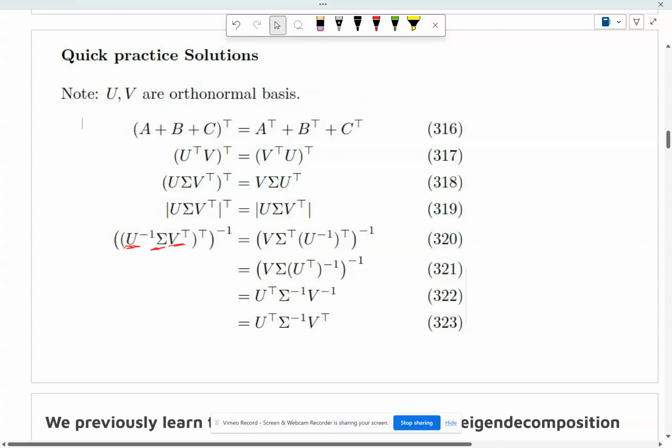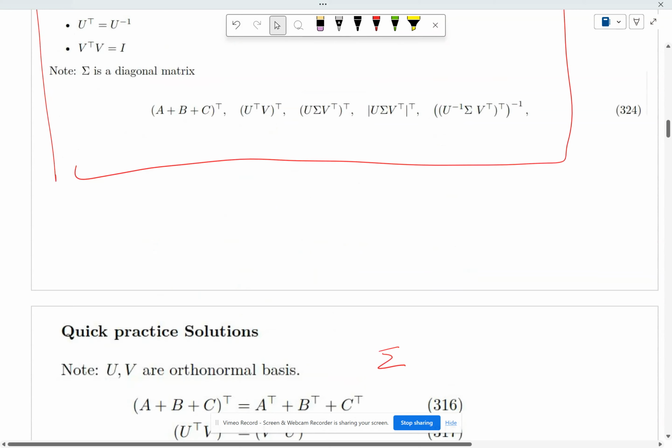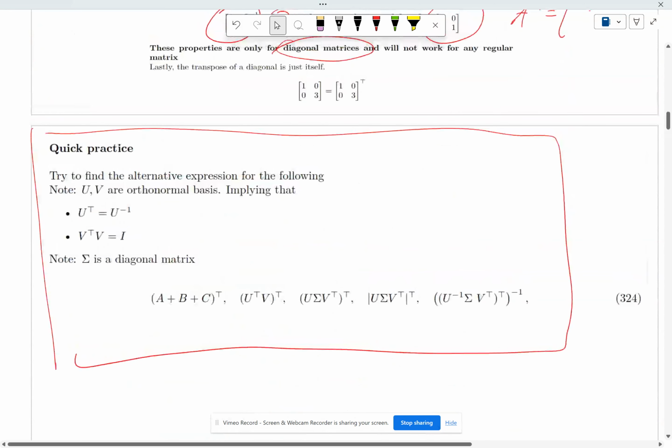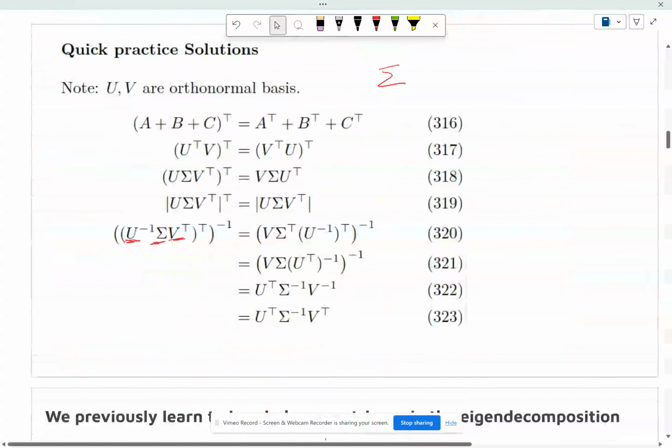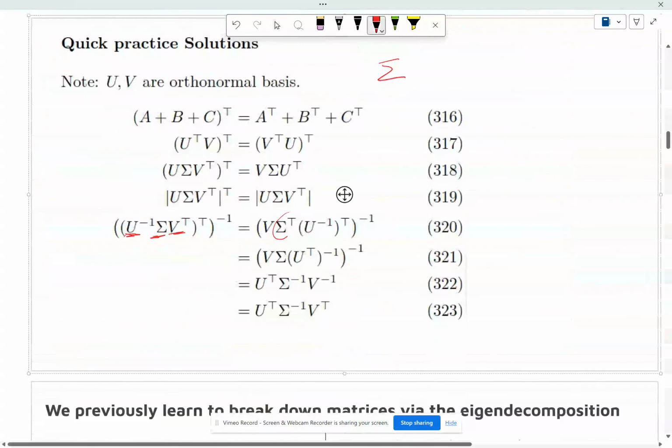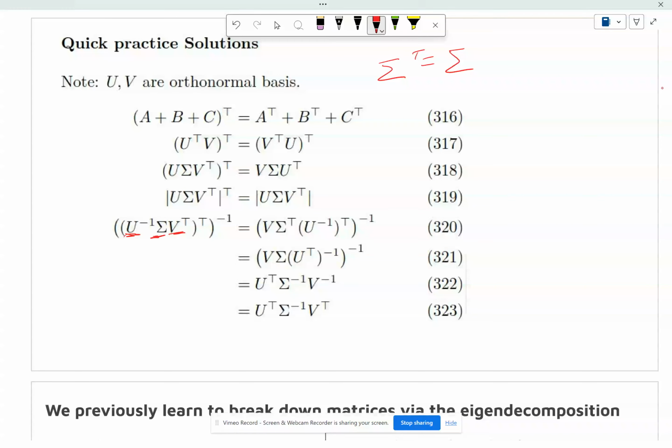And sigma is a diagonal matrix, okay? So if sigma is a diagonal matrix, then the diagonal matrix transpose is just itself, right? Therefore, I can get rid of this. And the transpose of inverse is just equal to the inverse of the transpose. So I can flip that.